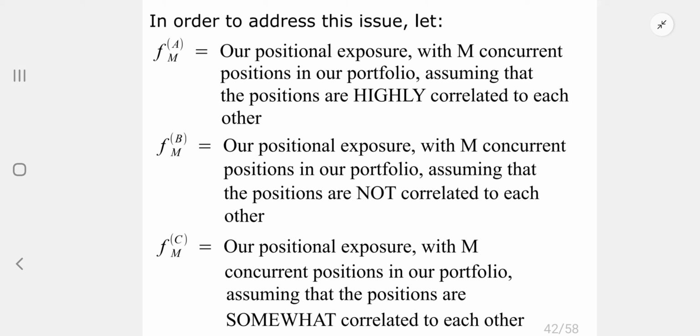Small f_B(M) equal our positional exposure with M concurrent positions in our portfolio, assuming that the positions are not correlated to each other. And small f_C(M), which equals our positional exposure with M concurrent positions in our portfolio, assuming that the positions are somewhat correlated to each other.